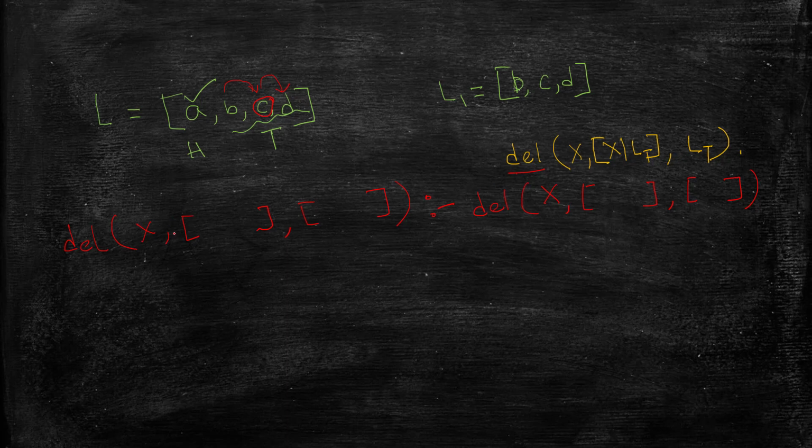Now if X is not the head of the list, that means I will be using a separate variable, let's say Y, and L of T over here.